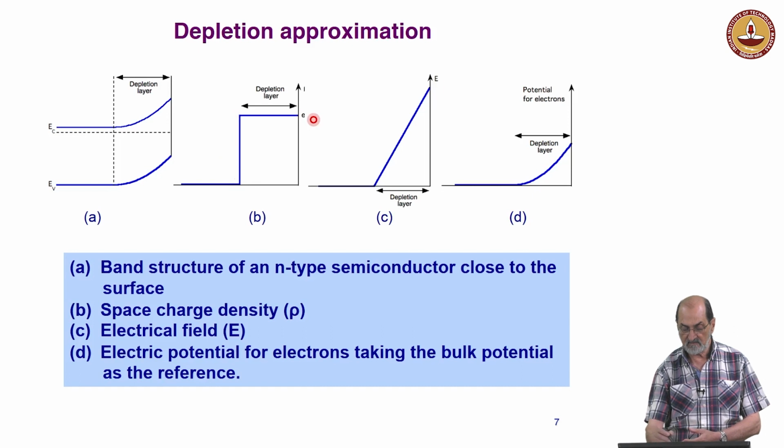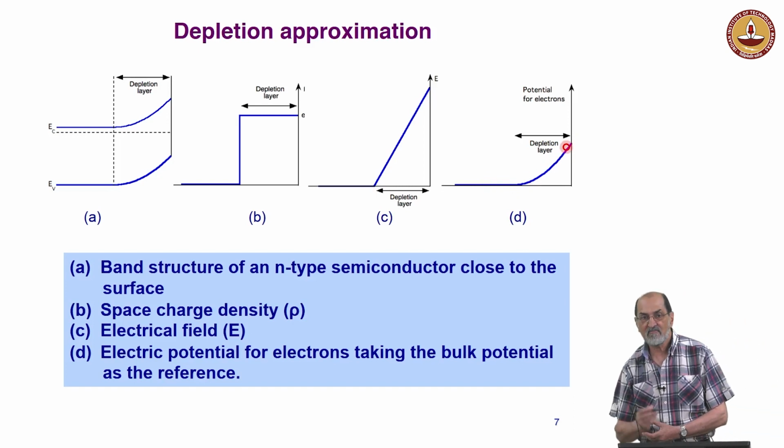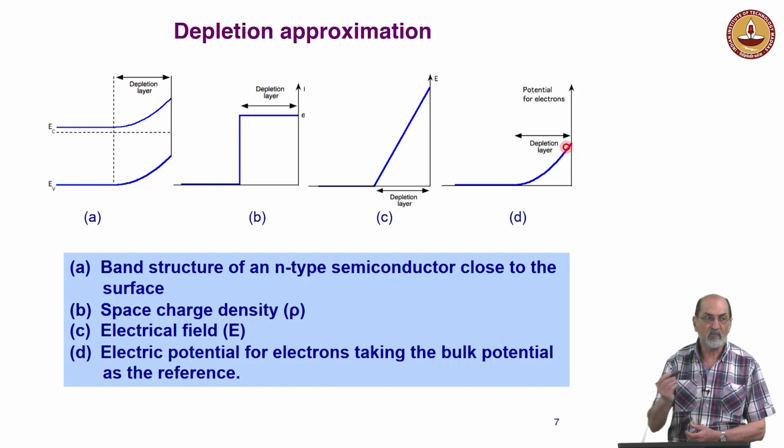The integral gives a straight line, and the integral of a straight line is a parabola, and this is the potential. So people agree that the barrier has a parabolic shape. We do the double integration of a constant.